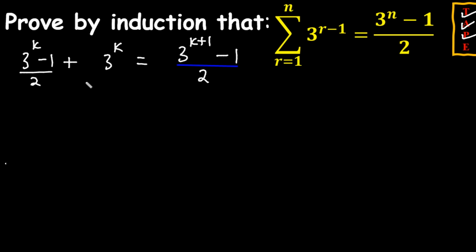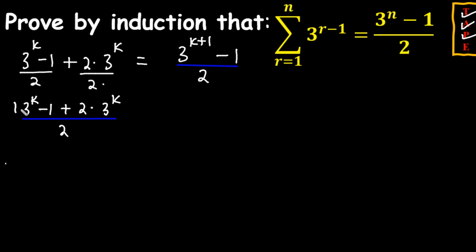So now we are going to prove that this left hand side is equal to the right hand side. So to reach there, I'm going to make sure that the left hand side has the common what? Denominator. So how am I going to do it? I'm going to multiply by 2, then I divide by 2. And when I do that, I'm going to have my left hand side as the denominator is 2. So here I have 3 to the power k minus 1, then plus 2 times 3 to the power k.